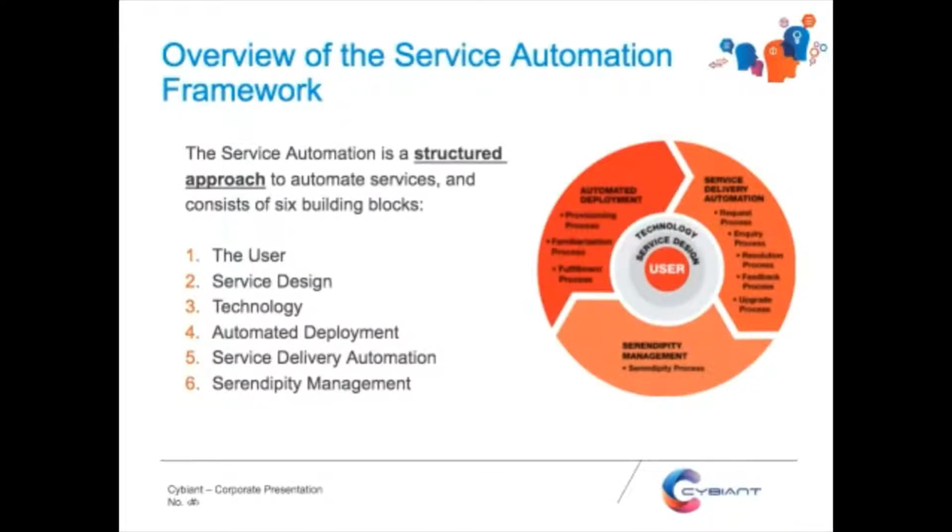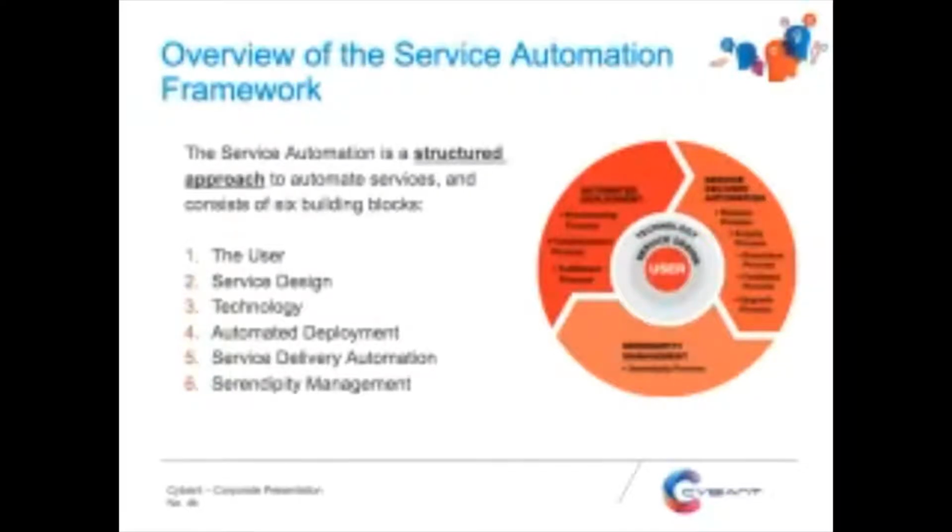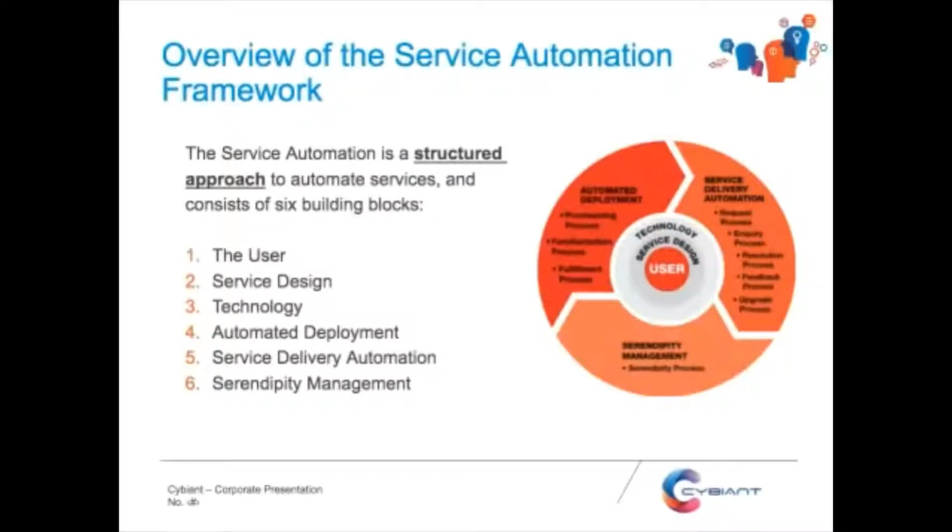It might well be the case that while you are in a taxi, you would like to change the direction of your car, or you would like to put in a different destination. That is a service request. It's a change of service whilst you are consuming the service. So the service automation framework also takes into account existing processes to make sure that the services still are delivered in a smooth and efficient manner. And that's what the processes are all about.